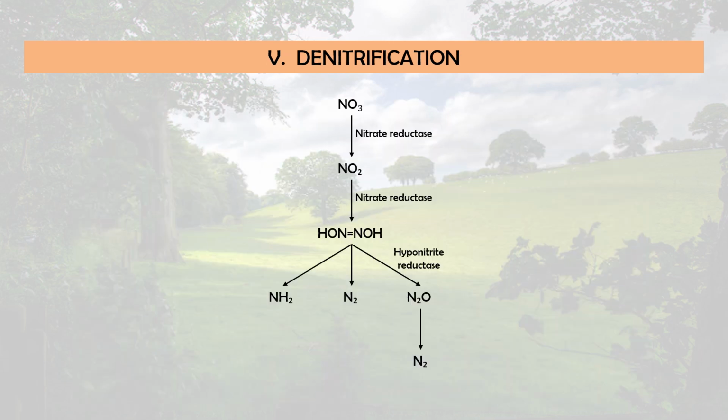Now the last process is denitrification, where nitrogen can be permanently lost from the cycle by the biological process of denitrification. It is the reduction of nitrates back into the largely inert nitrogen gas, that is N2, thus completing the nitrogen cycle.